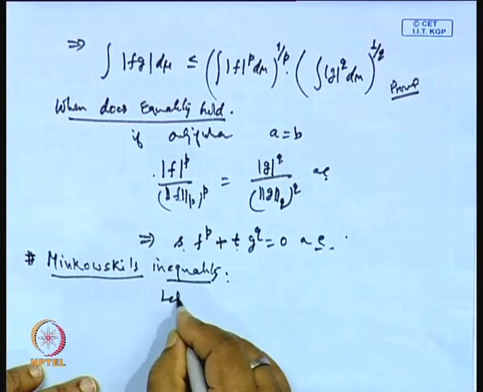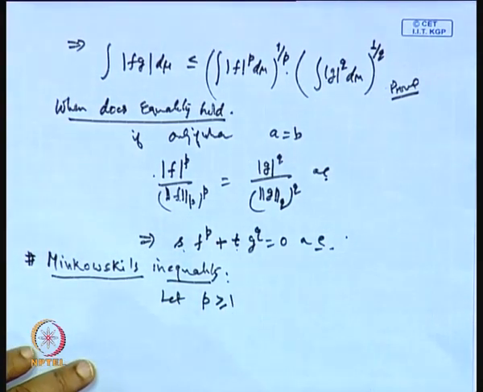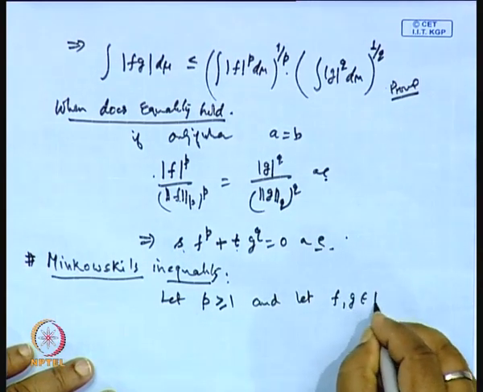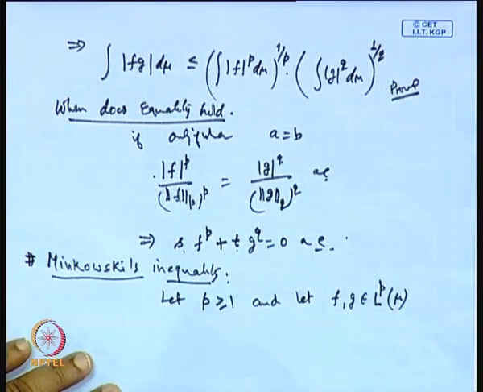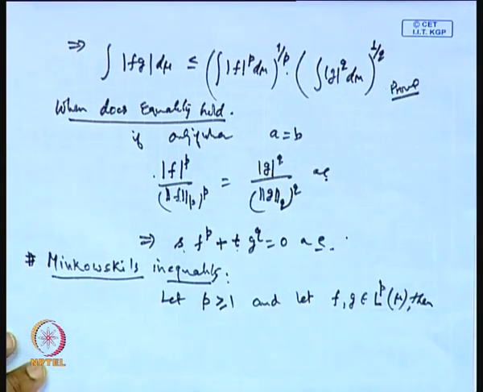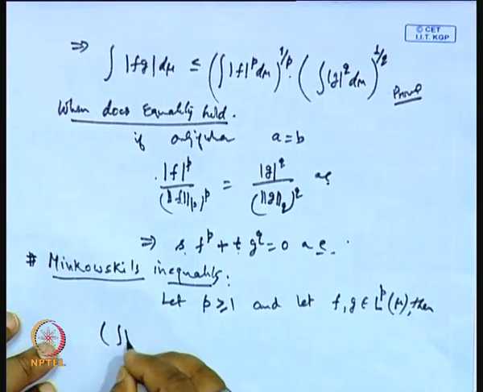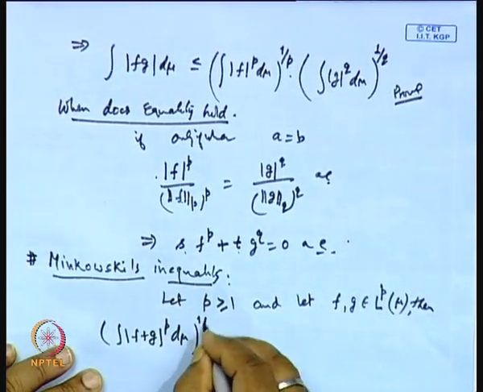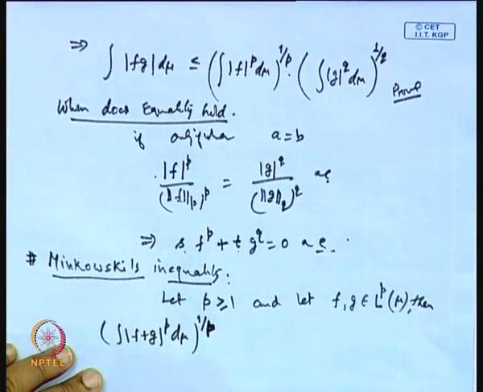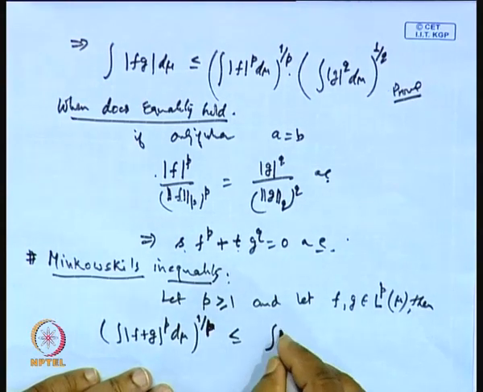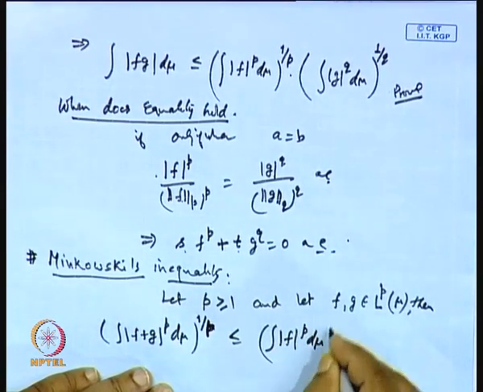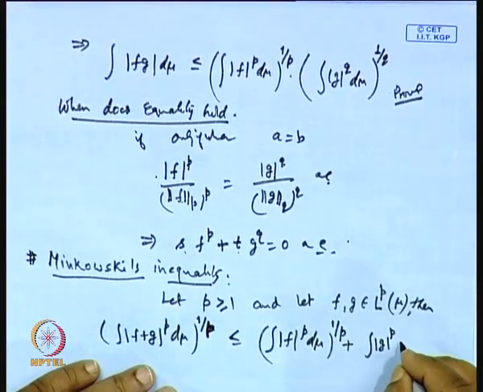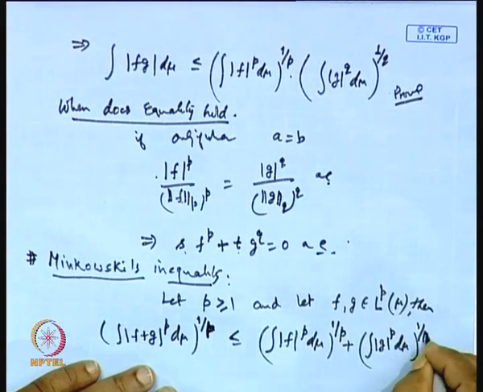Let p be greater than or equal to 1 and let f and g belong to capital L p mu, then integral mod f plus g to the power p d mu, whole raised to the power 1 by p, will be less than or equal to integral mod f power p d mu raised to the power 1 by p plus integral mod g power p d mu raised to the power 1 by p.